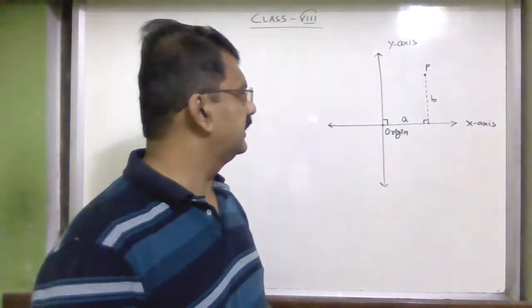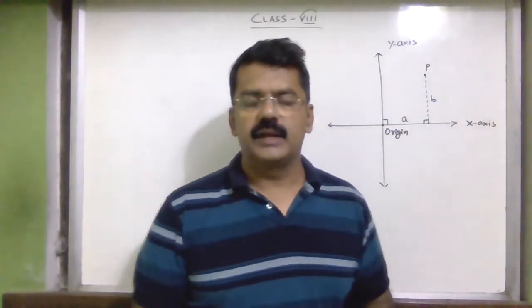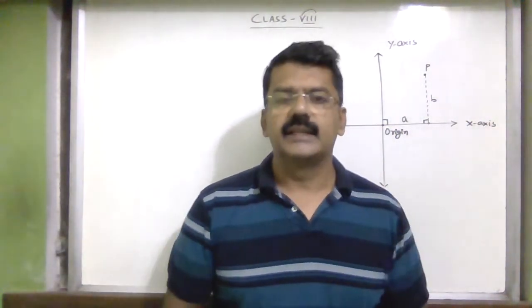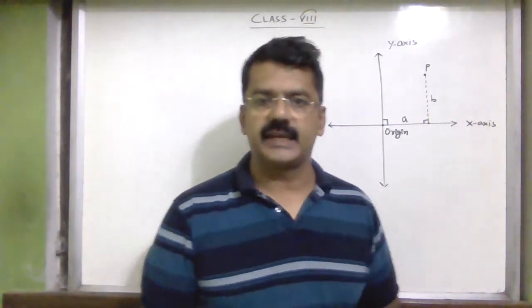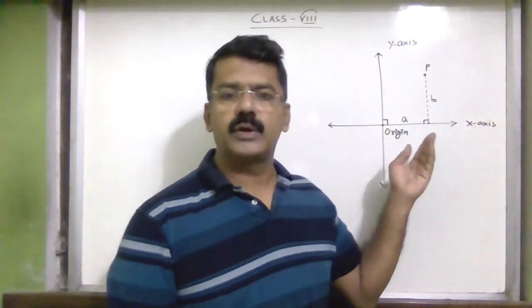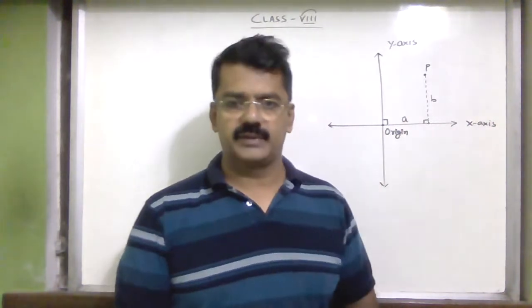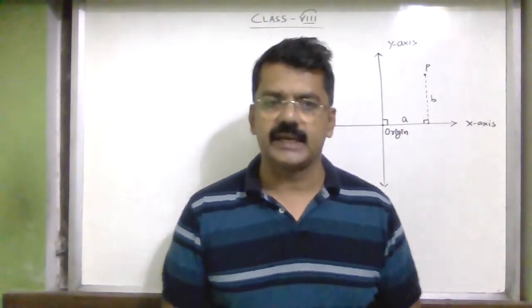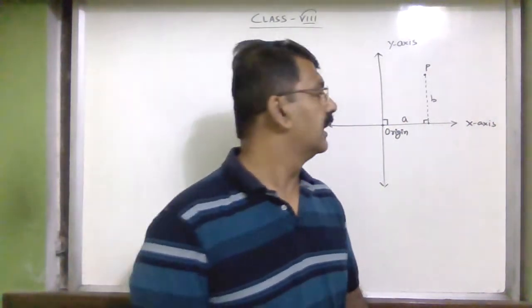Clear? I repeat again. From the origin, if you move towards right, then the distance moved is taken as positive. And if you move towards left, then the distance moved is taken as negative.